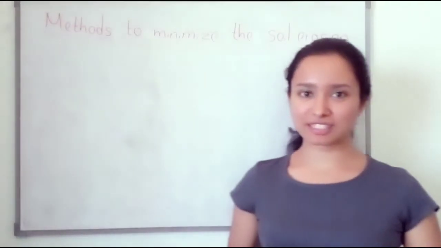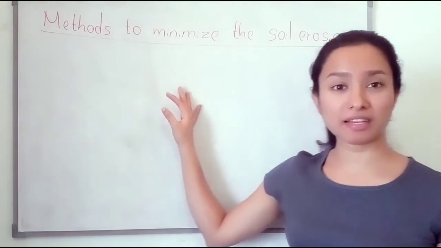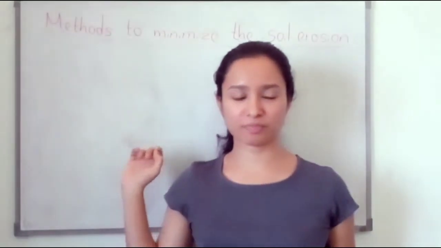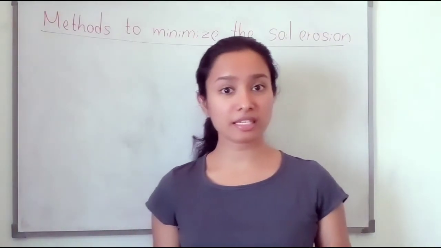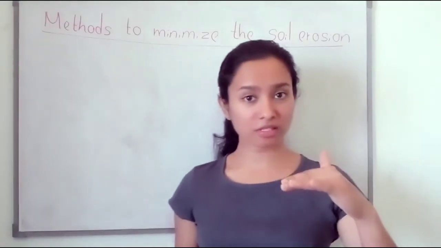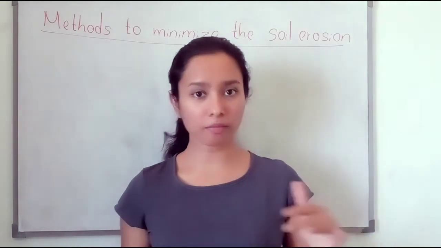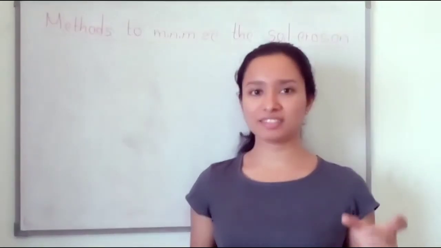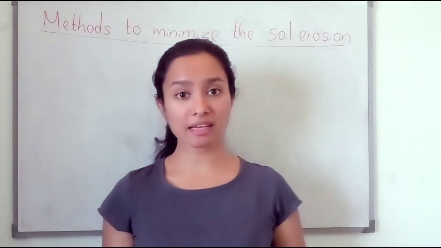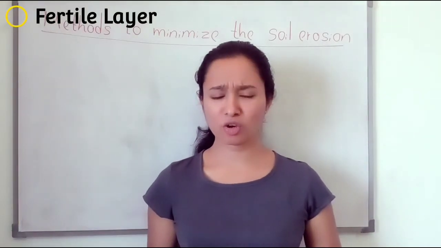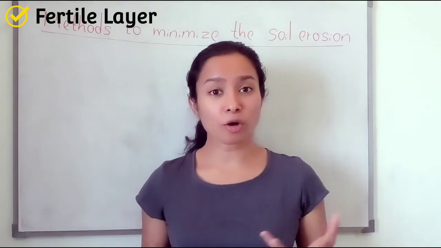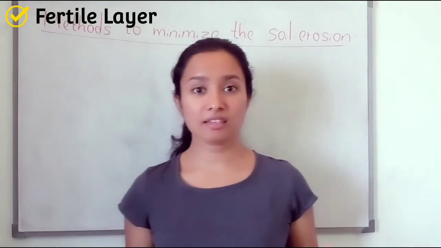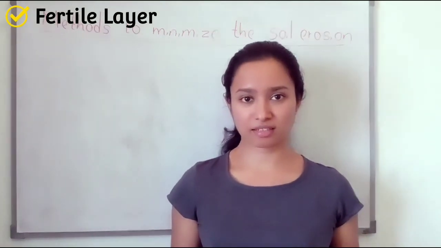Now we are going to discuss the methods to minimize soil erosion. You know, when soil erosion is happening, the topmost layer is removed from the soil. We call this topmost layer the fertile layer. What is the meaning of fertile layer? It means this topmost layer contains many nutrients.